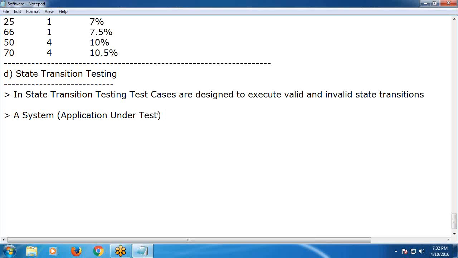A system may exhibit a different response on current conditions or previous history.